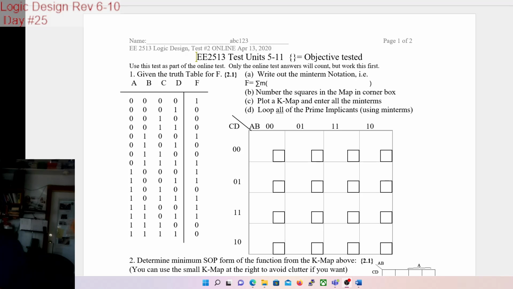Sorry, can't draw very well. This edge is blocked. This edge is blocked. Okay? And then here the D is 0. Here the D is 1. Here the D is 0. Here the D is 1. And that's it. And then these edges are asserted here.